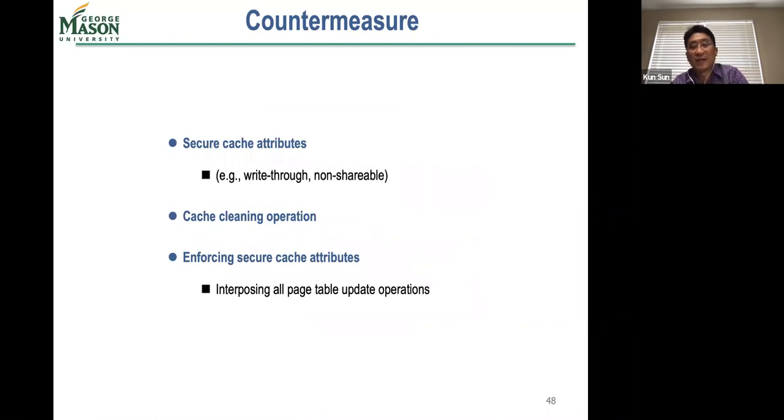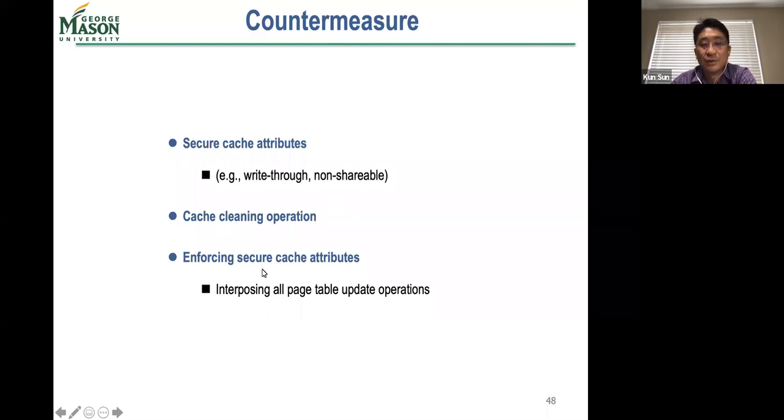So after we studied those vulnerabilities and attacks, we asked how we can prevent them. To summarize, one thing is we need to protect the secure cache attributes. For example, we need to disable the shareability attribute and set the cores as non-shareable. Also, when you switch out the IEE applications, you need to clean your data in the cache.